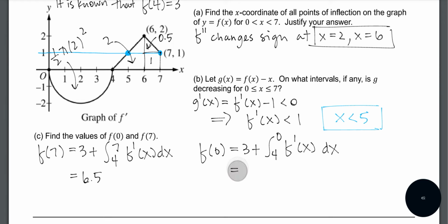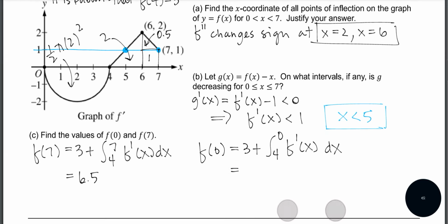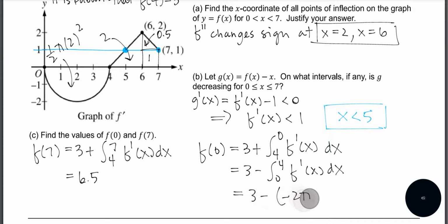All right, so normally, okay, the integral from 0 to 4, maybe I'll actually write it like that. The integral from 0 to 4, that's negative 2 pi. Okay, so since I'm subtracting negative 2 pi, that'll give me 3 plus 2 pi.